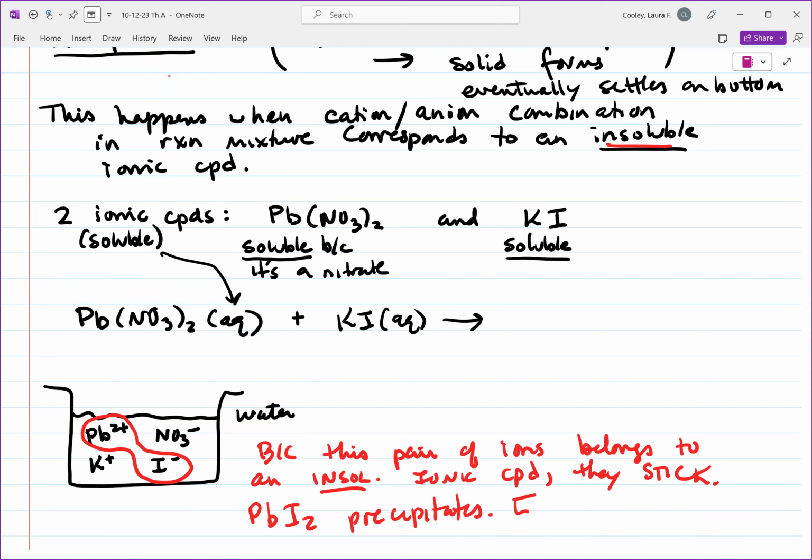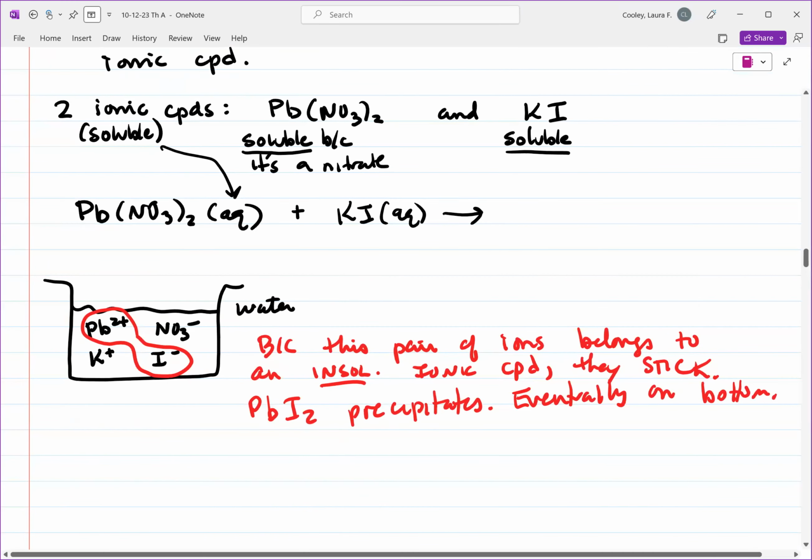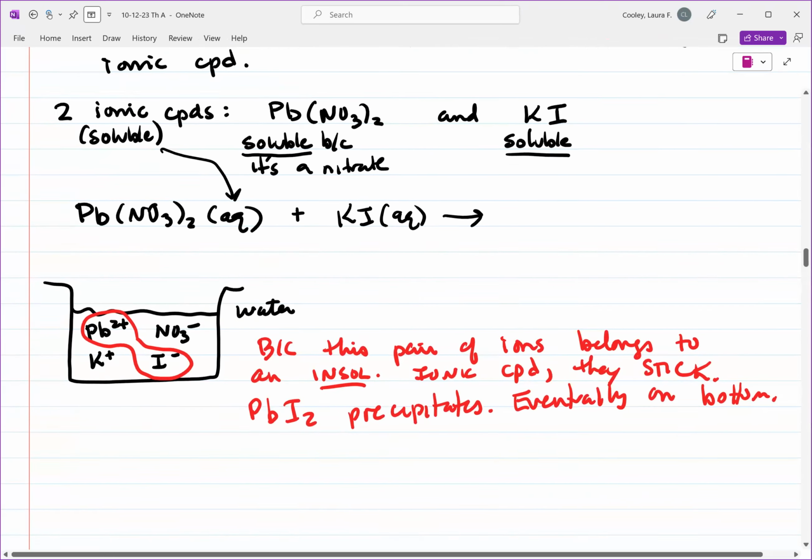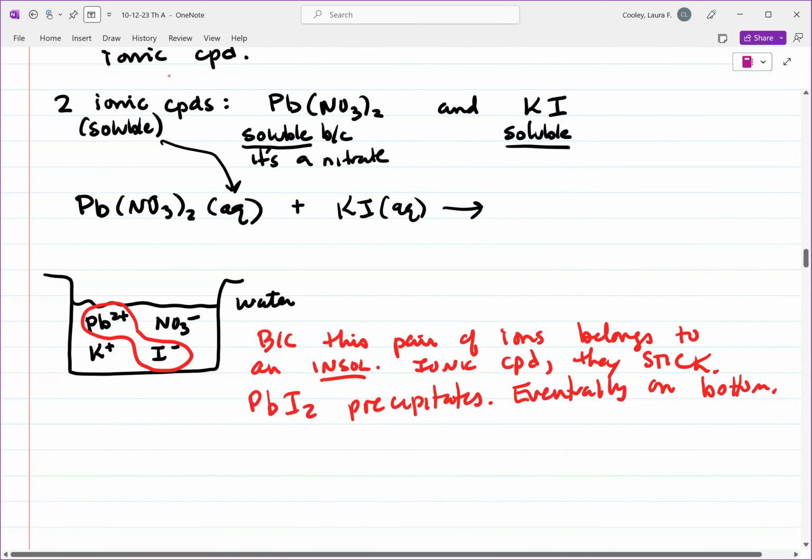And eventually, you'll find it on the bottom. In fact, it's a beautiful, though poisonous, yellow compound that you will see sitting on the bottom. Okay. So the products are lead iodide.